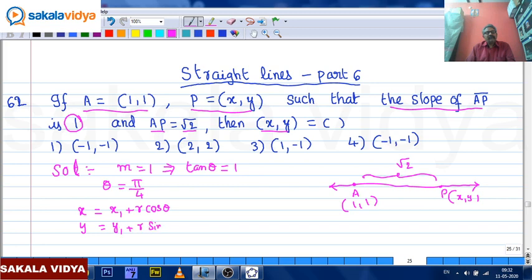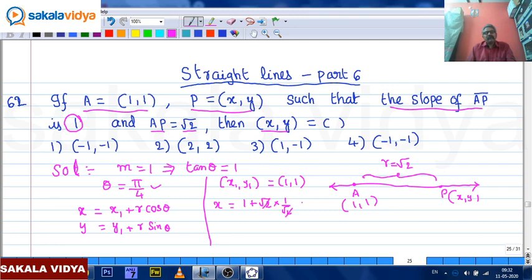It's very clear that x1 comma y1 is equal to 1 comma 1, and r is root 2. Theta is already known. Substituting, x is equal to 1 plus root 2 times cos 45, which is 1 by root 2.